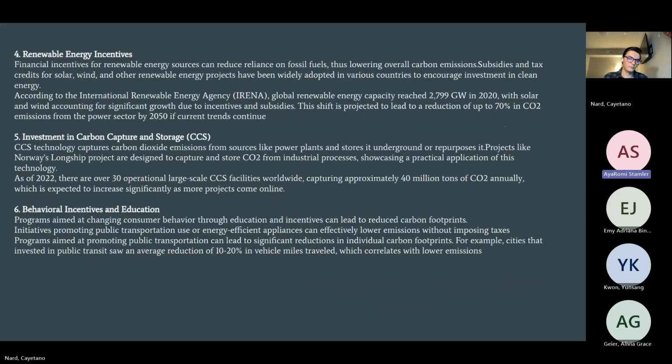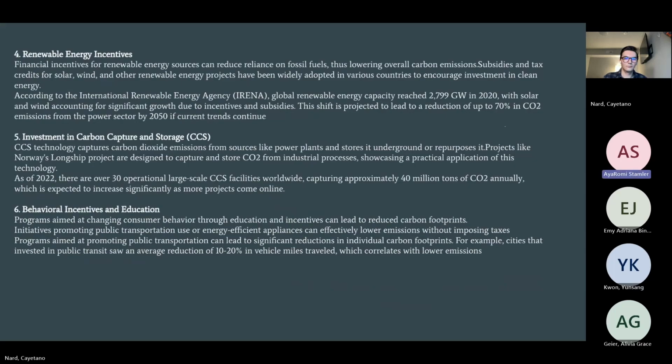According to the International Renewable Energy Agency, it has already contributed to a reduction of up to 70% in CO2 emissions from the power sector. And if the current trends continue, it can reach this reduction by 2050.